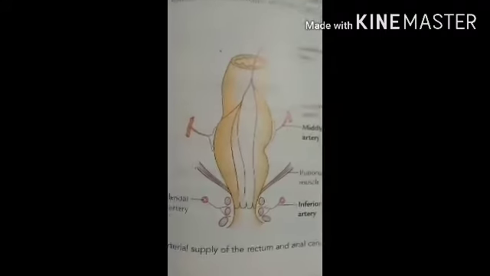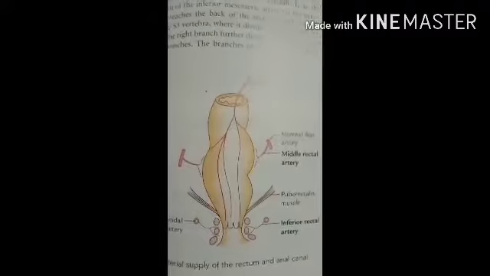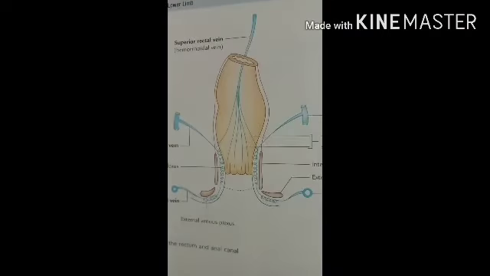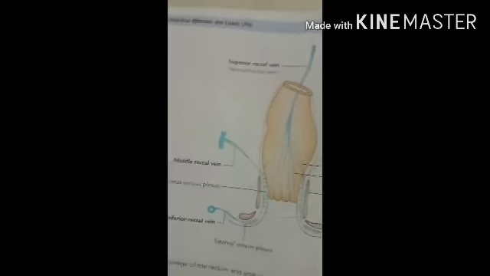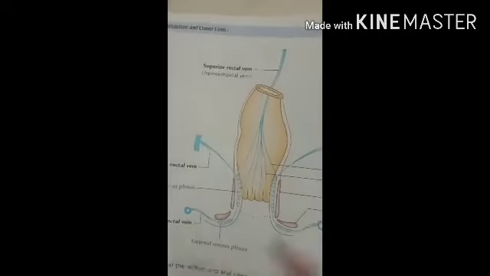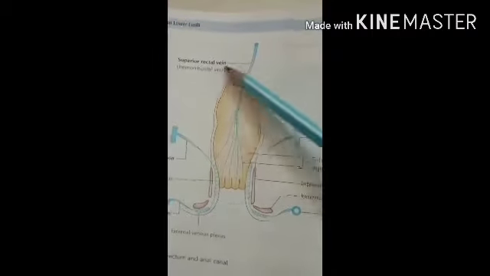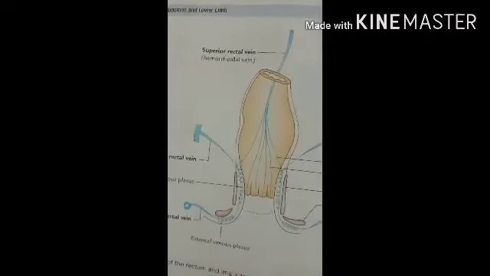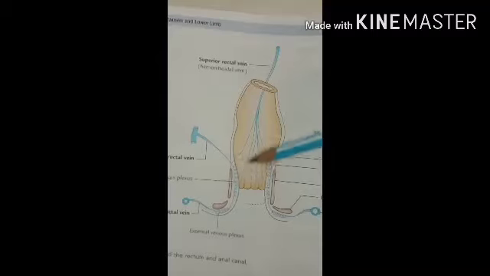Okay? After that we have to see the venous drainage of the rectum. For this again we have to see the diagram of the venous drainage. Here in this diagram you can see the venous drainage. First, the superior rectal vein. The tributaries of the veins begin from the anal canal.